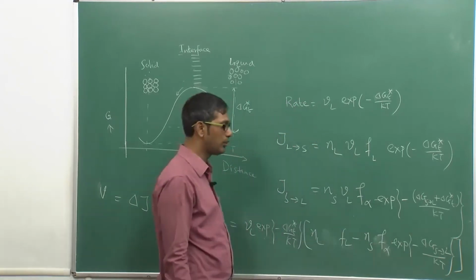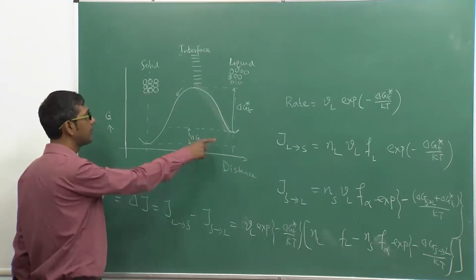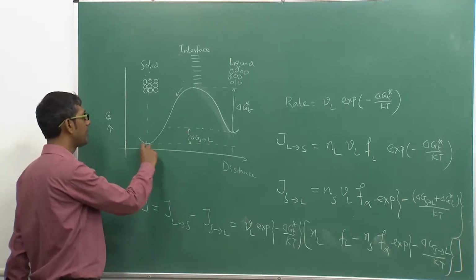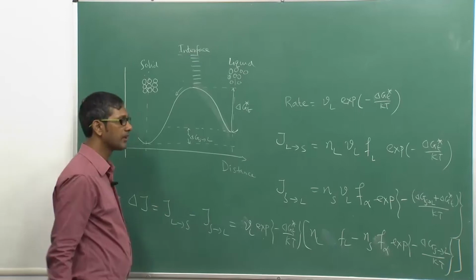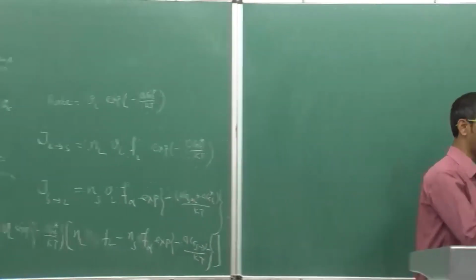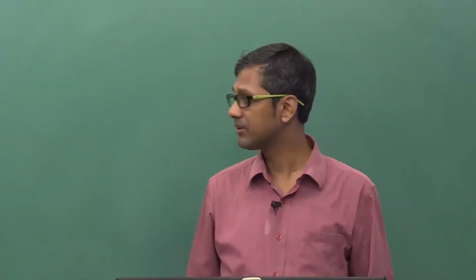And also on the solid to liquid side we have an exponential term related to this part, that is, the difference of energies between solid and liquid. Well, we will keep this equation intact and discuss further, because it requires some more discussion, we will do that.